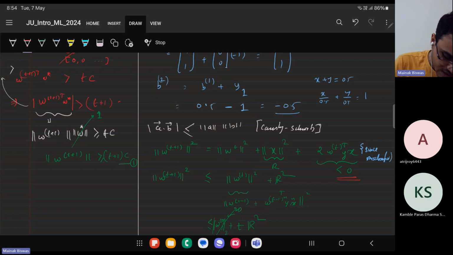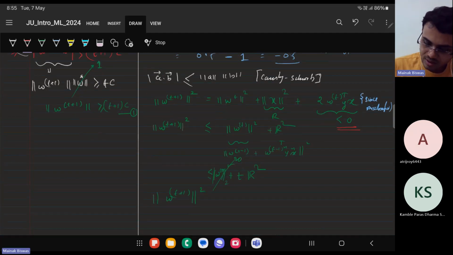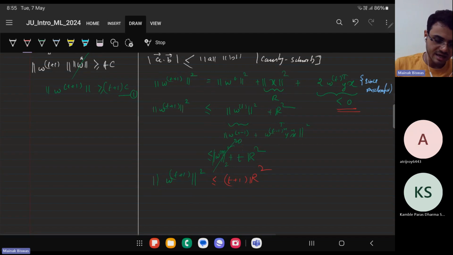Just calculate the base case and let me know. t plus 1, right? Because I have taken t plus 1. Yes, t plus 1 times r square. So I will just replace this by t.